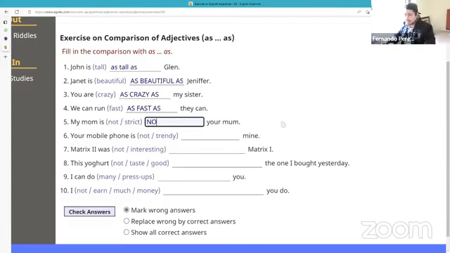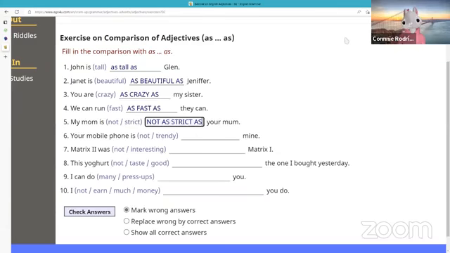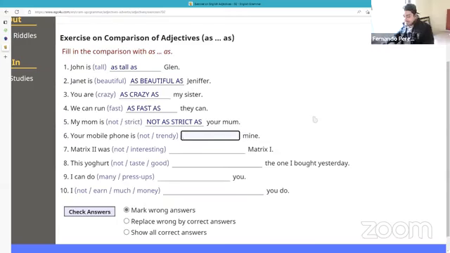Excellent. The negative goes first. Very good, because many people collocate not in a different position. So that was very good. Connie. Your mobile phone is not as trendy as mine. Precisely.